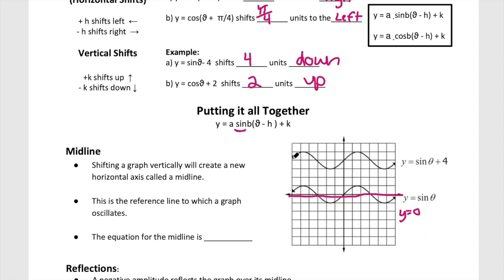So your new midline is going to be 4 units higher than it was previously. So the graph of sine of theta plus 4 has a midline of y equals 4. Midlines can be helpful to graph, and you'll see this in some of our next examples, because they can help you think about points going above and below the graph at that midline.